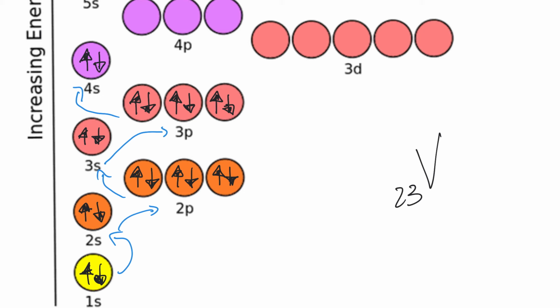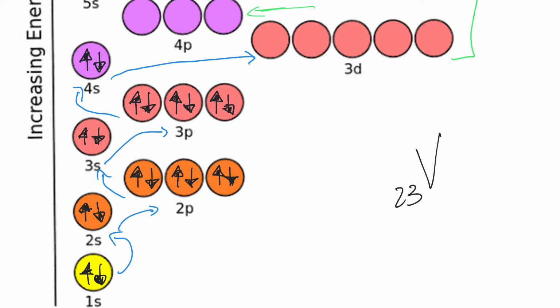19, 20. Now pay attention to exactly how the energy of the orbitals increases in this orbital diagram. From the 4s, the next set of orbitals that goes up in energy is actually your 3d, because if you look here, your 3d is lower than your 4p, and slightly higher than your 4s in terms of energy.